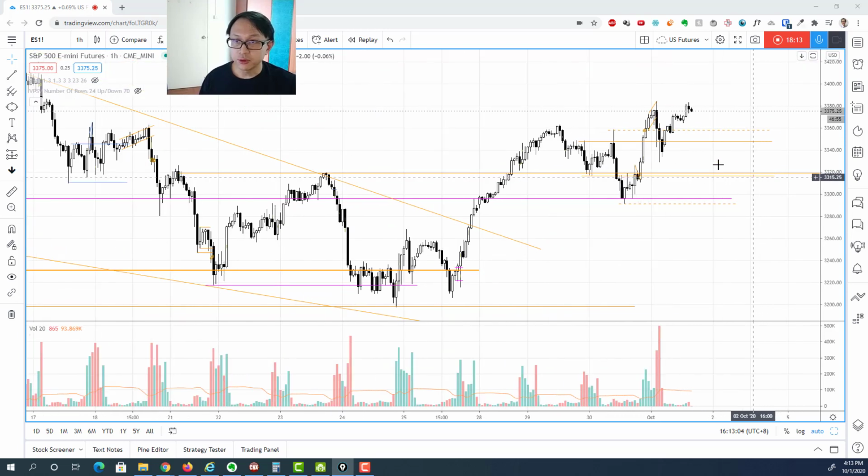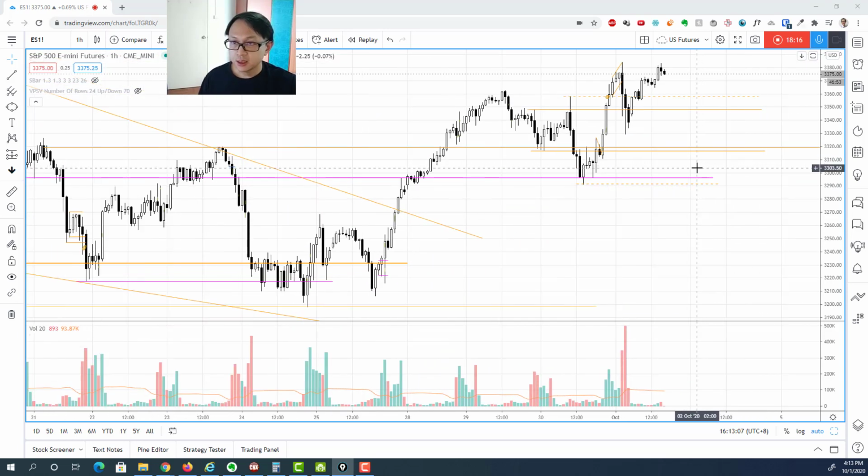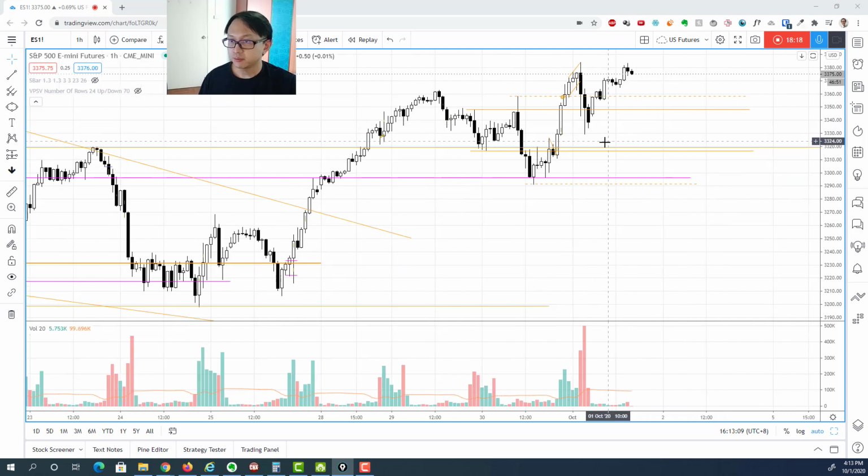And for the immediate support level, I think we can still go based on the previous day high and day low, and the non-RTH high and non-RTH low. And other than that, in terms of structure, the 33.00 level seems to provide some kind of support, and also I would say 33.20. So both 33.20 and 33.00 levels will provide some kind of support.